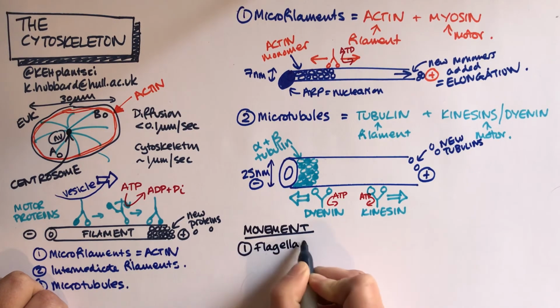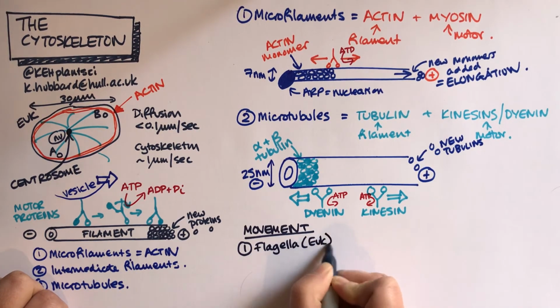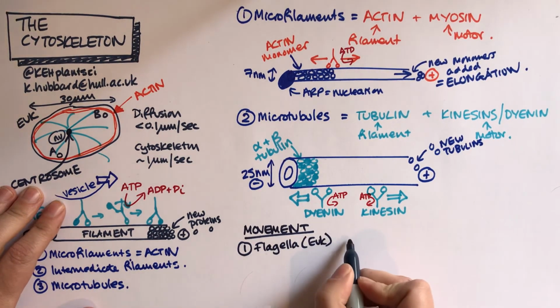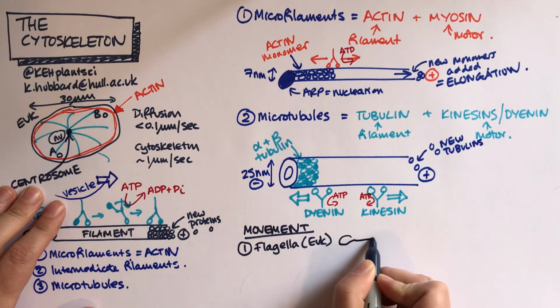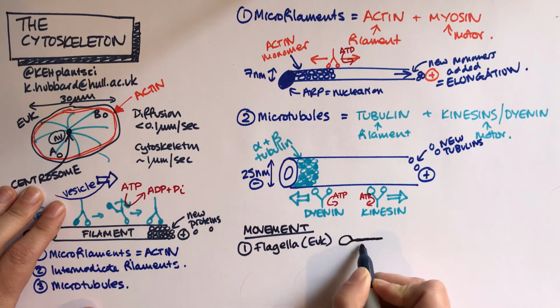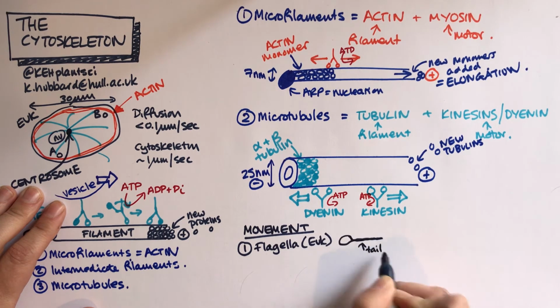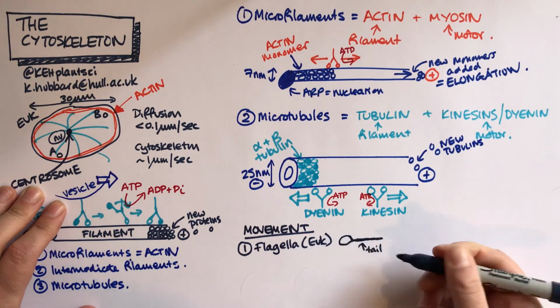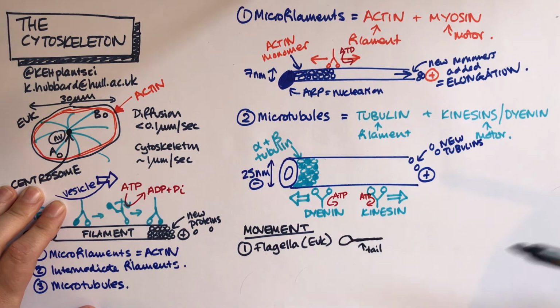This is for eukaryotes. Bacterial flagella are a completely different thing and not made of the cytoskeleton at all. What I'm talking about is the sort of flagellum that you might get in a sperm cell. You've got the sperm tail there, and then there's the head. That tail is used, obviously, for the sperm to swim towards the egg.